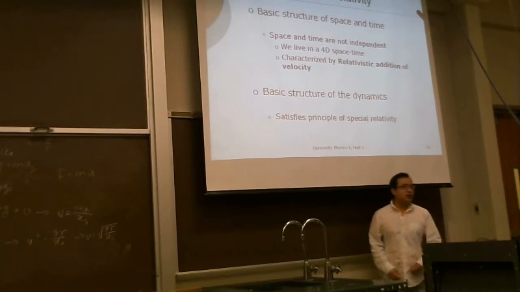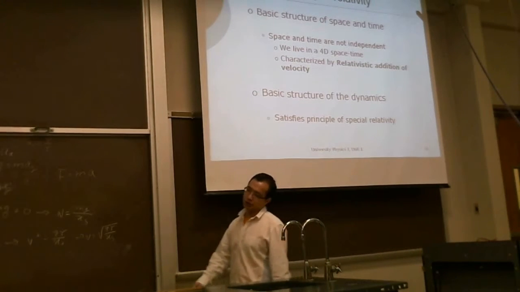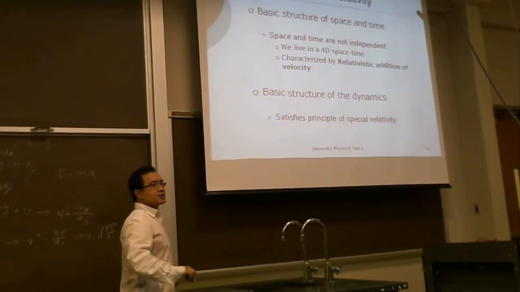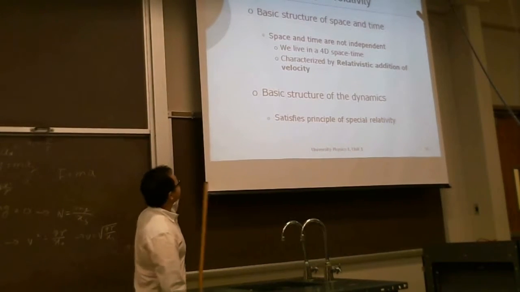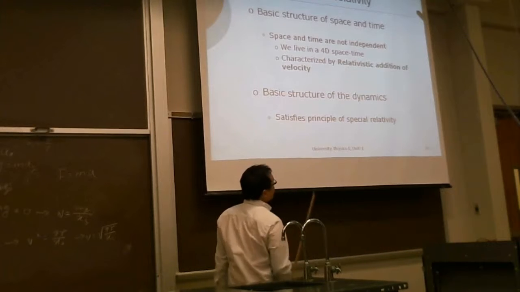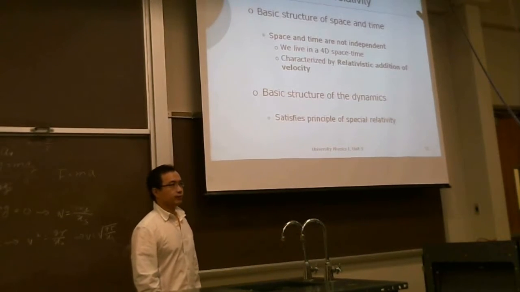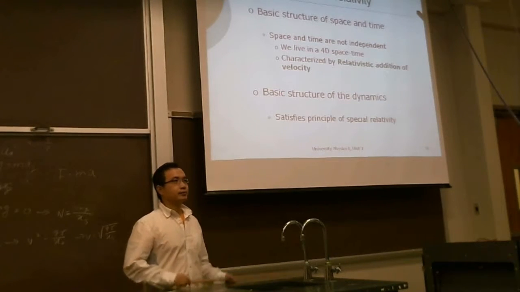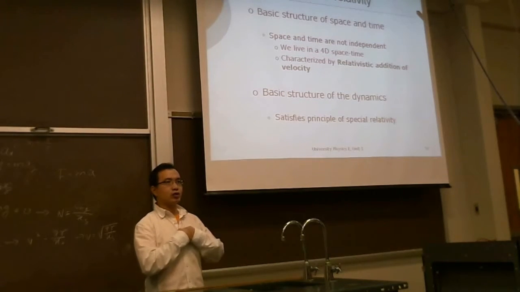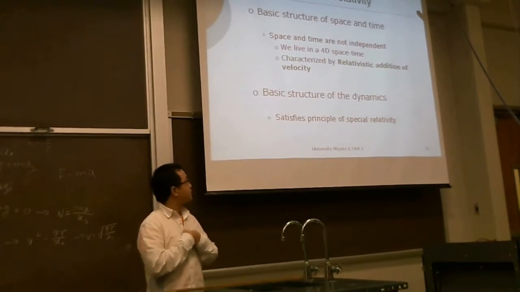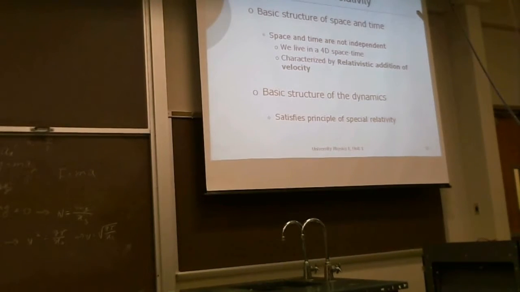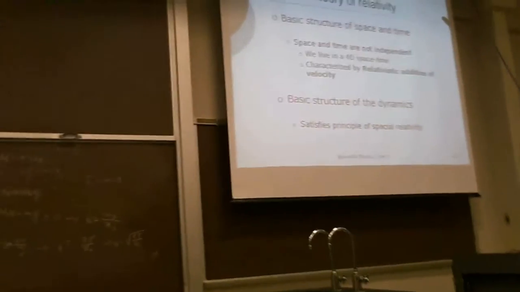But roughly speaking, we can compare it with the old theories like this. In the new theory, Einstein's special theory of relativity, space and time are not independent. We live in a four-dimensional space-time. The time is actually interacting with the space. And now if time is not independent, you wouldn't get the simple form.